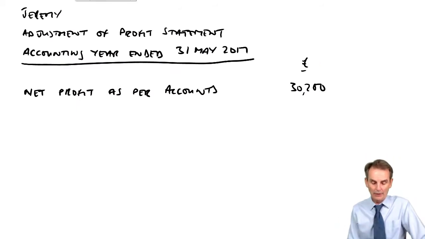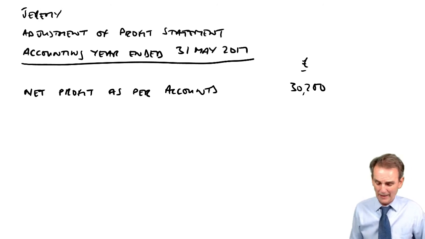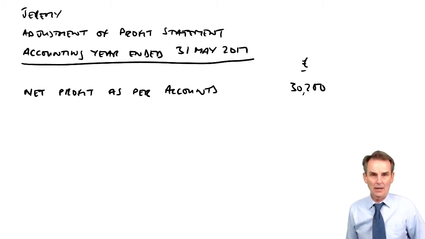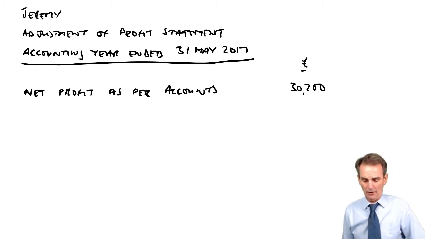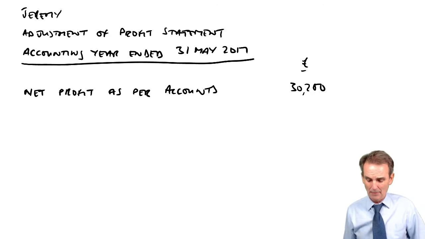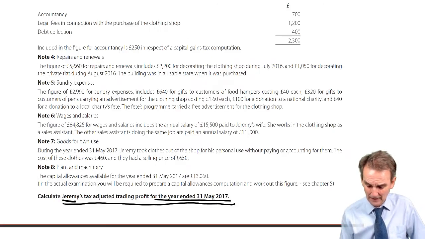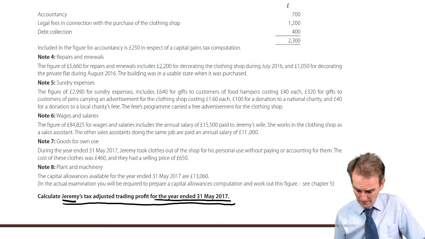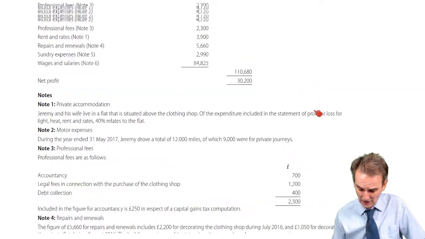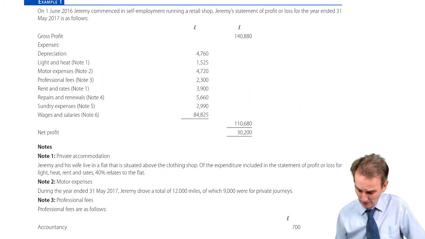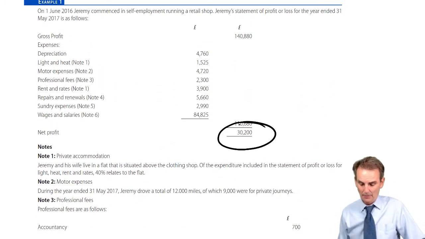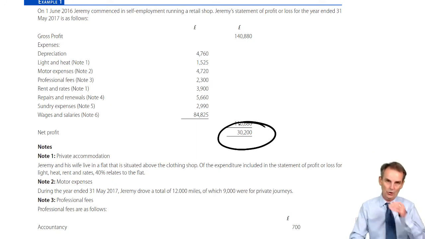So, who are you preparing this document for? It's for Jeremy. What is it? It's an adjustment of profit statement. When is it for? Accounting year ended 31st of May 17. The starting point for the adjustment of profit process is the net profit as per the accounts. That figure, 30,200, which we have taken, let's go back to here, which we have taken, of course, as that net profit there at the bottom of our statement of profit or loss.